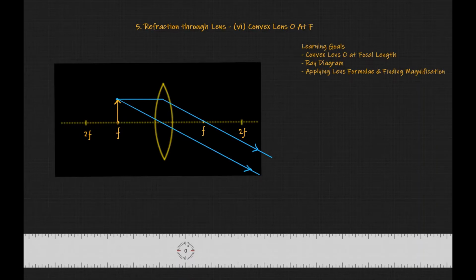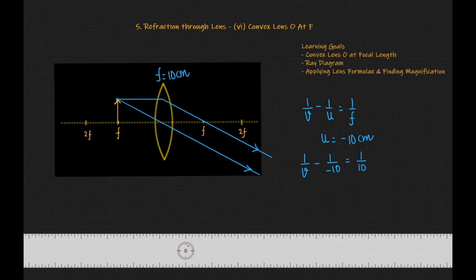Now before we look at that, let's apply the lens formula and see what happens when the object is at focus. So it's 1/v minus 1/u equals 1/f. Here the focal length is 10 centimeters, so your u is minus 10 centimeters. Let's apply this equation. 1/v minus 1/(minus 10) equals 1/10.